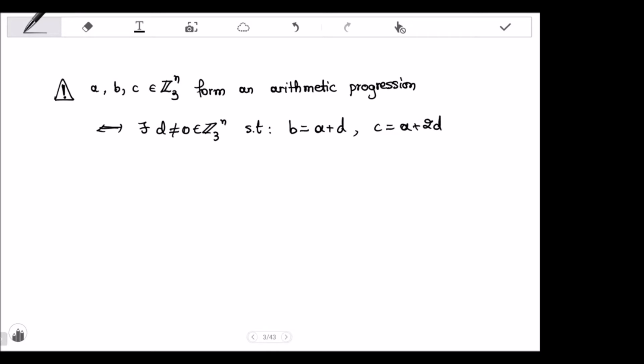Okay, so this means immediately that as soon as you have your first point A and the heading D, then you go to B, and then you add that to go to C. So the points A, B, C actually are collinear.